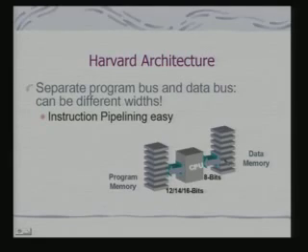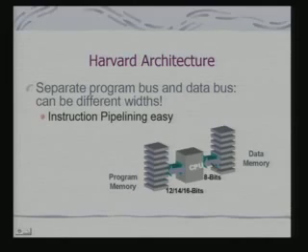And interestingly, since I have two distinct buses, their bit widths can be different. I have shown here an example where the program memory can have 12, 14 or 16 bits, while the data memory can simply have a bus width of 8 bits.